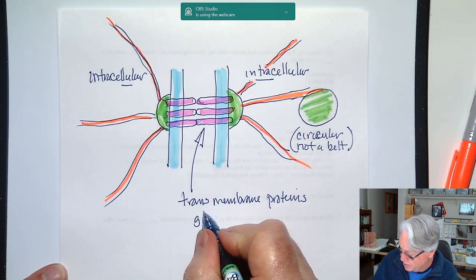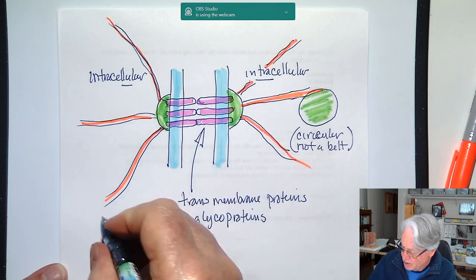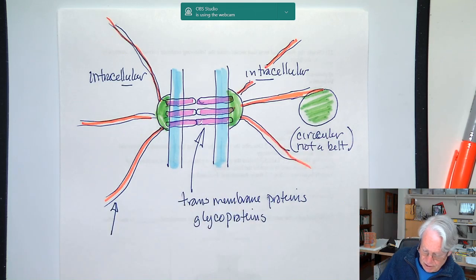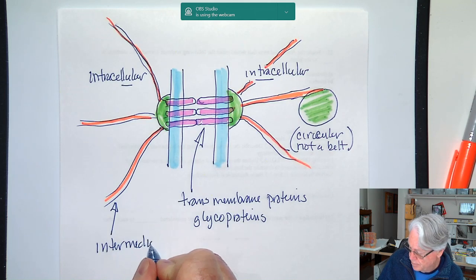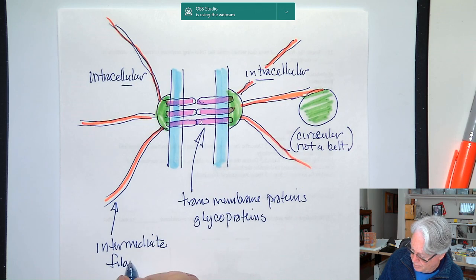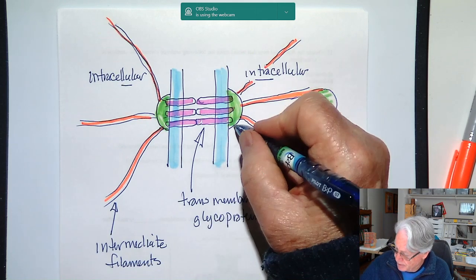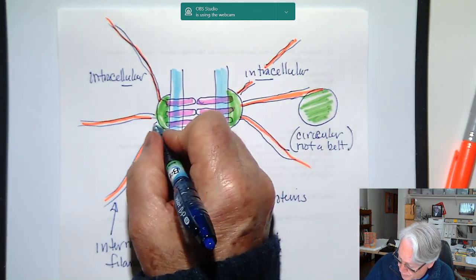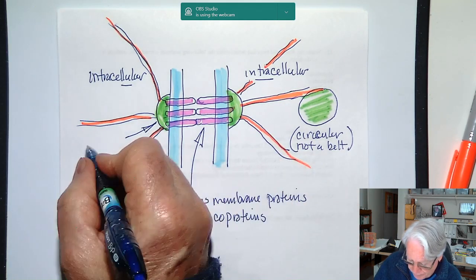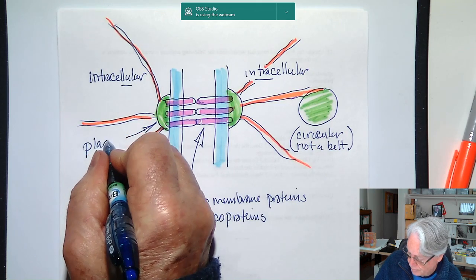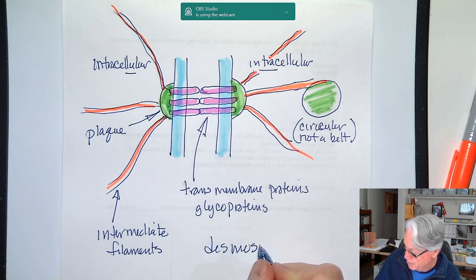These are glycoproteins. Okay. This is our intermediate filaments. That is my plaque. Okay. And this is my desmosome.